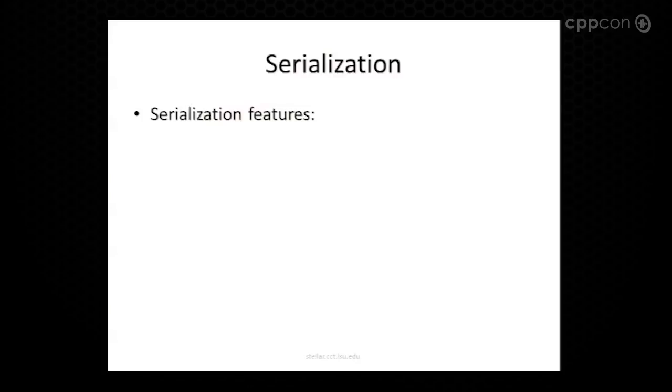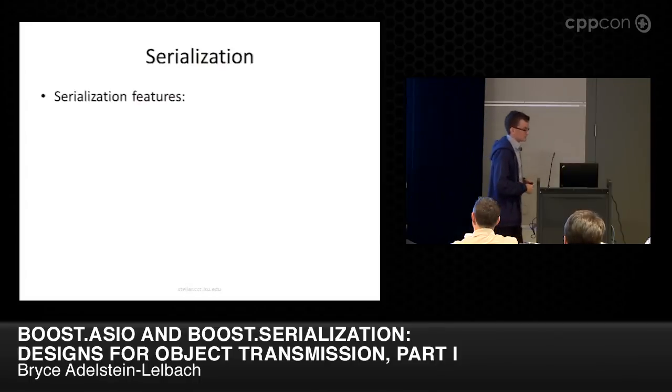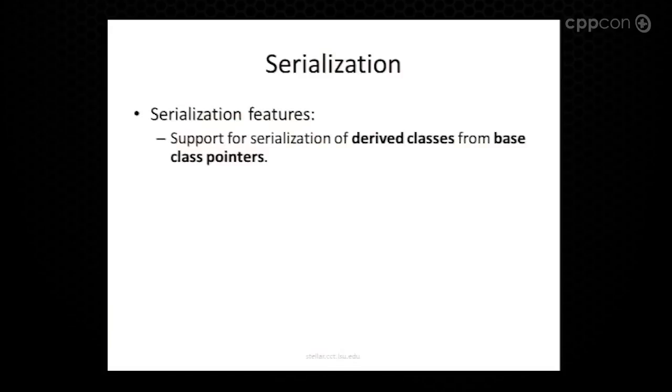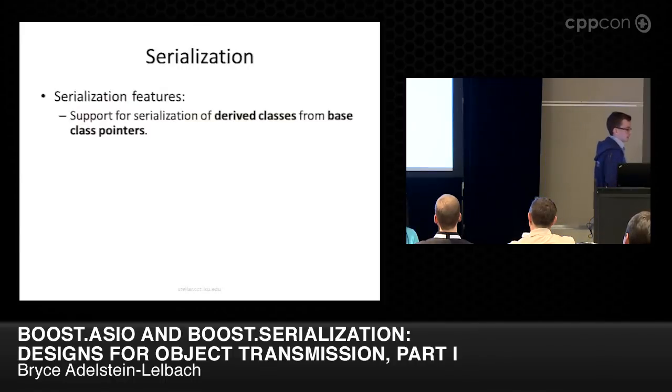I like Boost serialization because I don't think any other C++ serialization library has the same features. So this is the single most important one for the work that I do, which is support for the serialization of derived classes from base class pointers. I think this is really important because with other frameworks, if you want to do this, you have to get rid of that information.